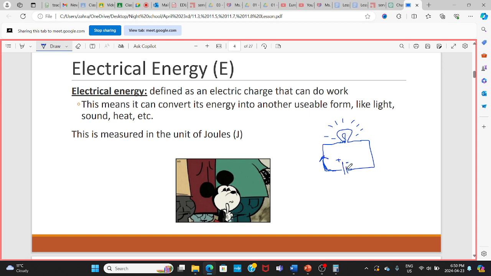That's why the electrical energy of the charge turns into light and heat. The light is useful, and the heat is there because you have a resistance here. You're not using the heat, but it's there. This is the measure of the unit. The energy of the electrons, the unit of energy, is the joule.